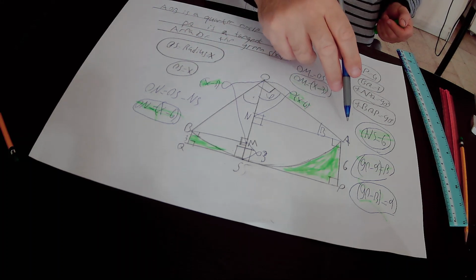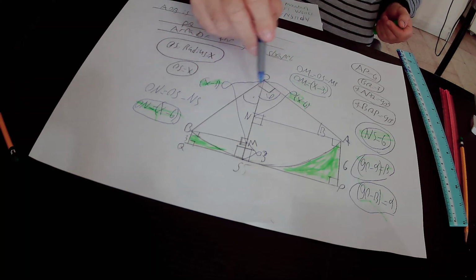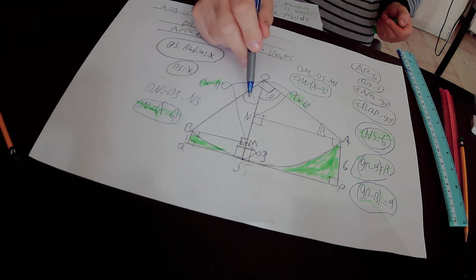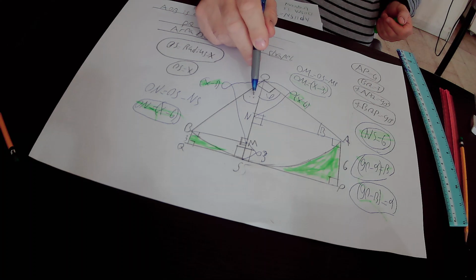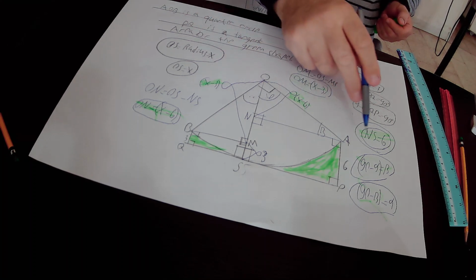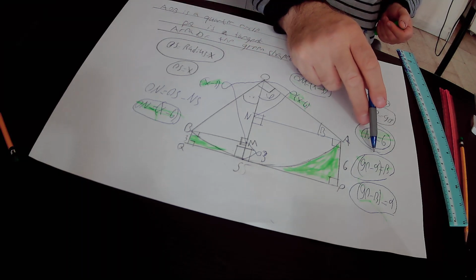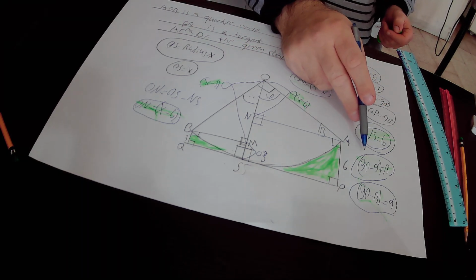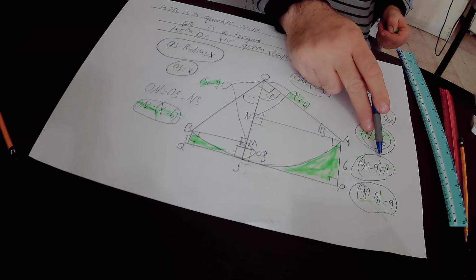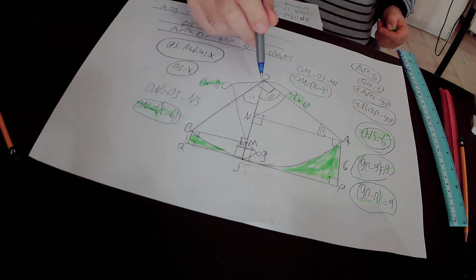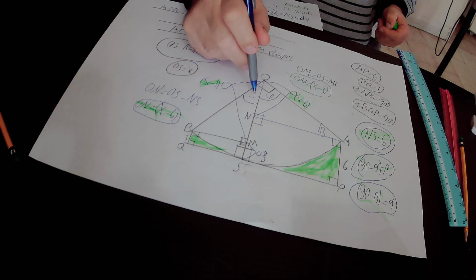But we already found out, according to our definition, that 90 degrees minus alpha equals beta. Therefore, the missing angle equals beta.